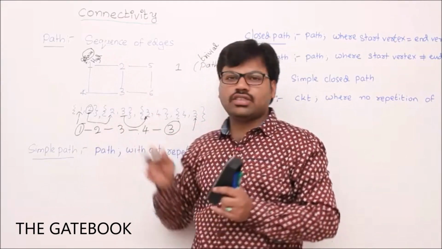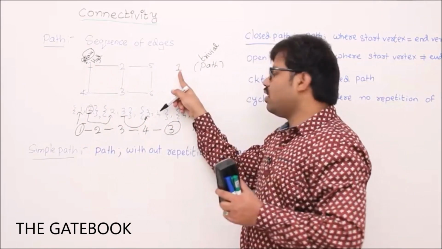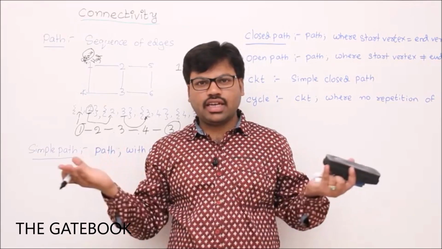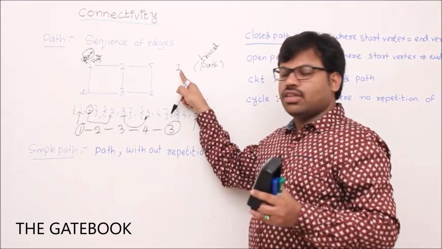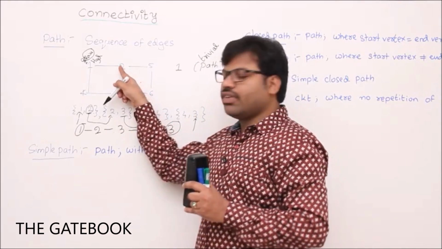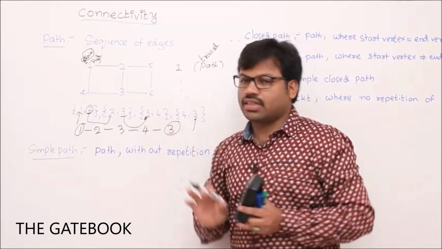What he can do is start at Hyderabad, then close his eyes and open his eyes. That's it. Then he will be at Hyderabad. That path is called a trivial path. So starting at any vertex, I can always have a trivial path. This is about the trivial path.